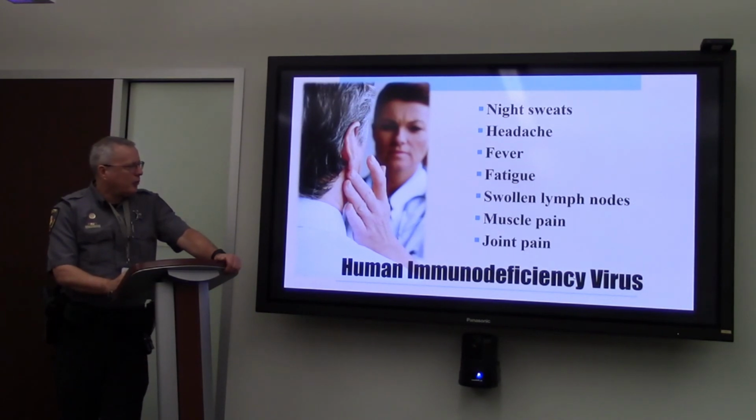In other words, a person with HIV infection has very little immunity to the common colds and things that are going around. Something that would give a non-infected person just a cold and put them out for a couple of days, a person with HIV may end up with pneumonia and be in the hospital for several weeks.